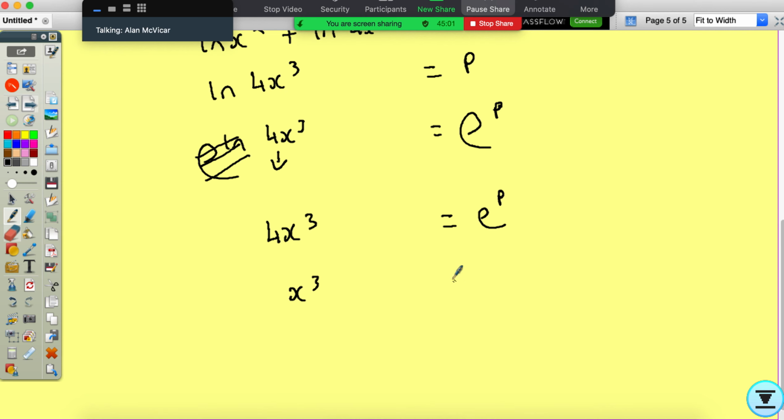I'll move my 4 over, so that becomes divide by 4. And if you move a cubed over, it becomes not square root, it becomes cube root. Try and make that p look like a power, because that's where loads of people tend to lose marks in the test.